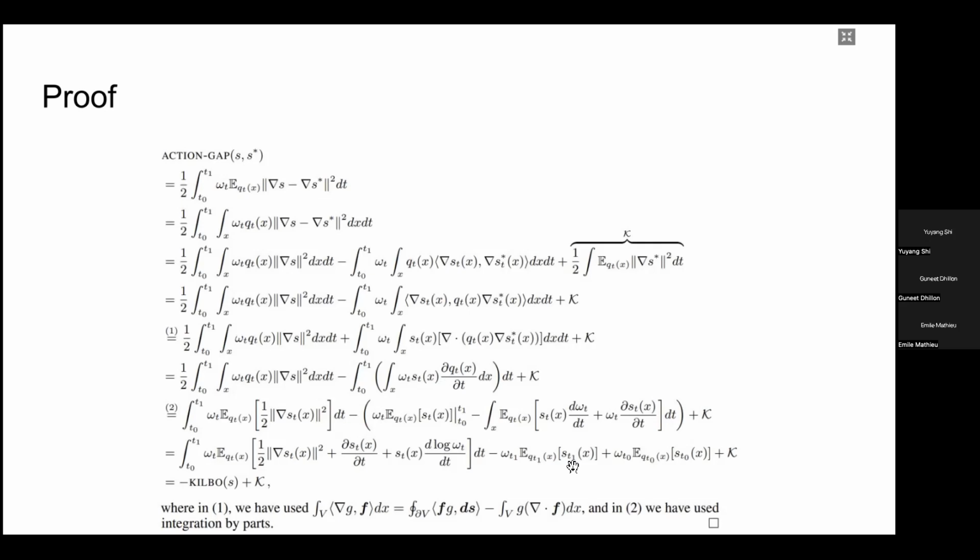Yeah. So if you want to have a look, all of these are very straightforward. The other terms are also straightforward. It's just this one and two. They use the two things.